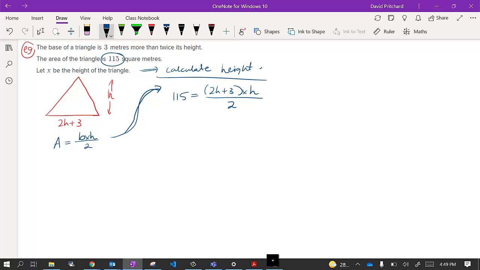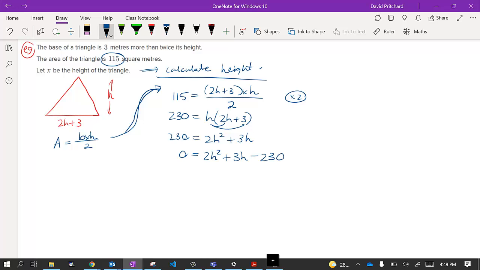So if we multiply by 2, we get 230 is h multiplied by 2h plus 3. We can expand this out, and we get 230 is 2h squared plus 3h. And if we subtract 230 from both sides, we get what we wanted, and we've got a quadratic equation.